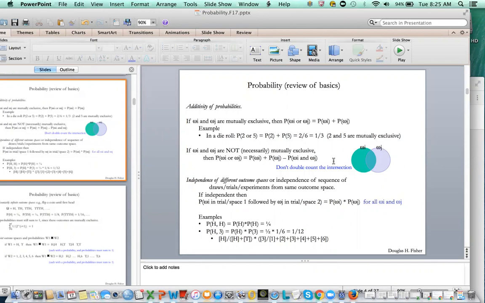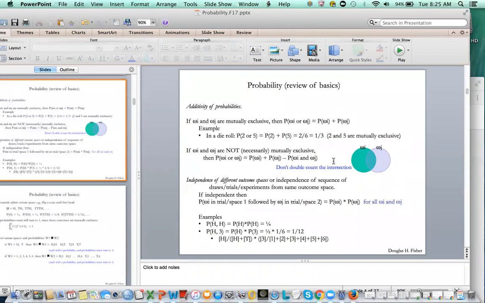If they're not necessarily mutually exclusive, that next point, then you add the individual probabilities and you subtract out the probability that they both co-occur, because you don't want to double count the joint probability of the two outcomes.